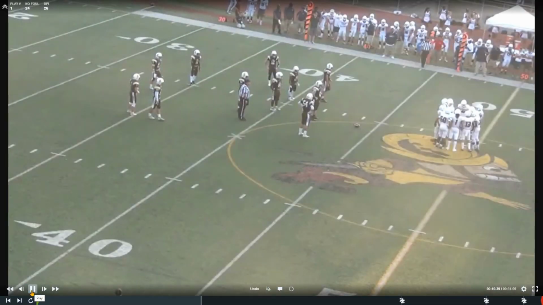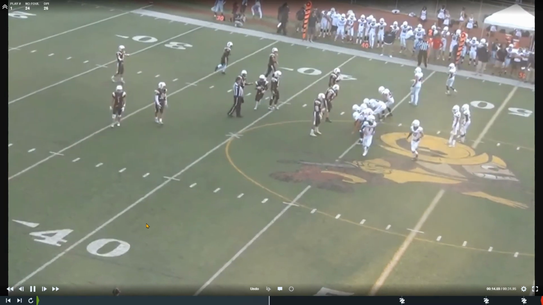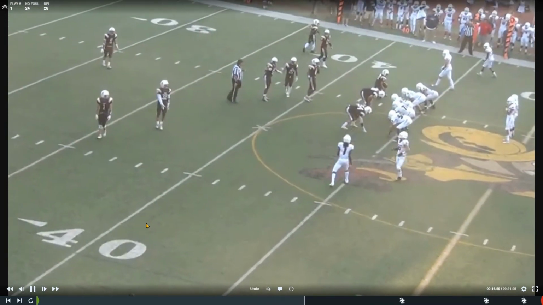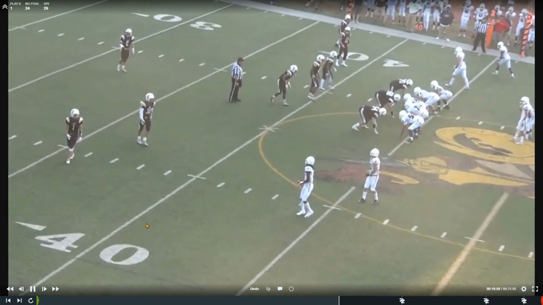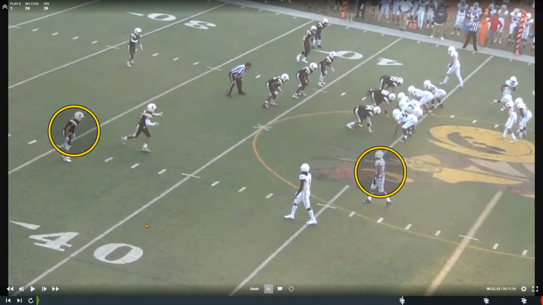Okay, this is another tough one. Keep your eye on the receiver. I think it's the far split. Nope, inside guy. And this defensive back.